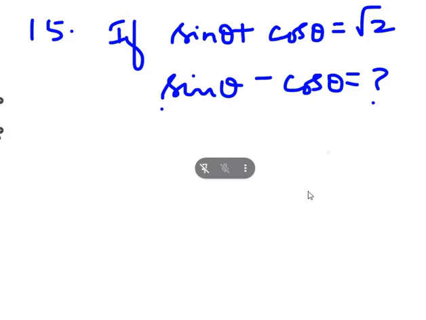So how will we solve this thing? Square this thing.